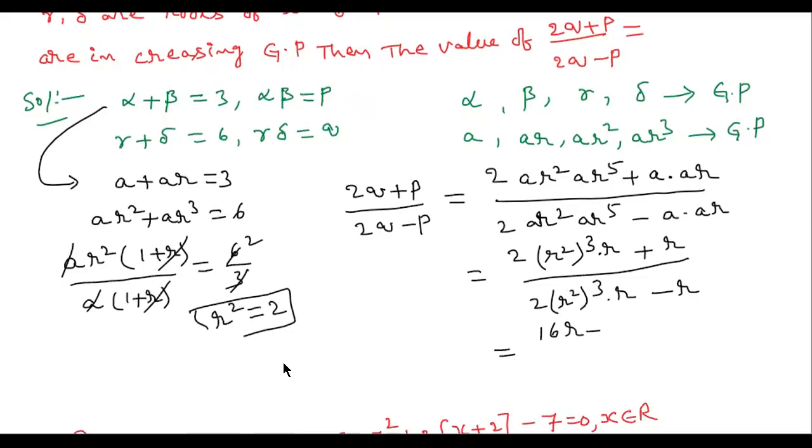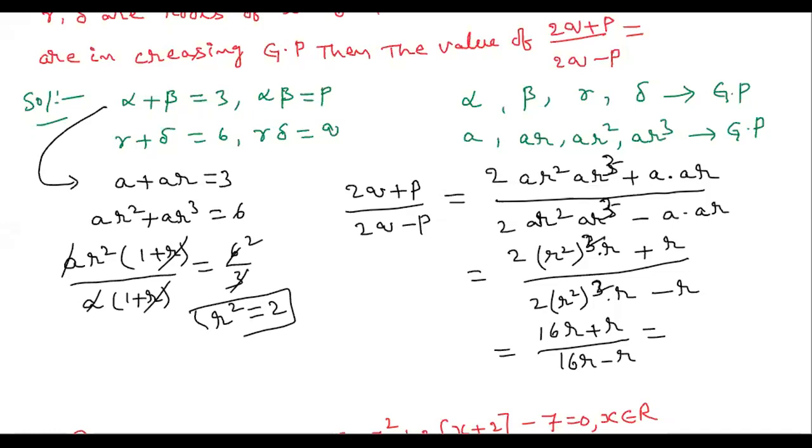16r plus r divided by 16r minus r. That is equal to, here see that small correction. This is r cube. This is r cube. So here we get square.